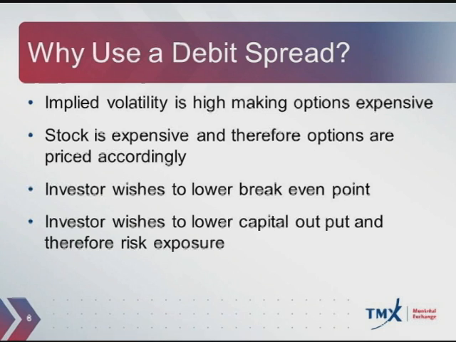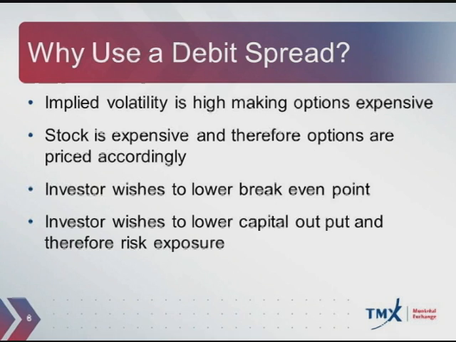And then finally, if you want to lower your break-even point, we want to recognize, if we go back to options trading 101, that if we buy a call or a put option independent of one another, on their own, the break-even point is going to be the strike price. In the case of the call, the strike price plus the premium that we've paid. For the put option, it's going to be the strike price minus the premium that we've paid.